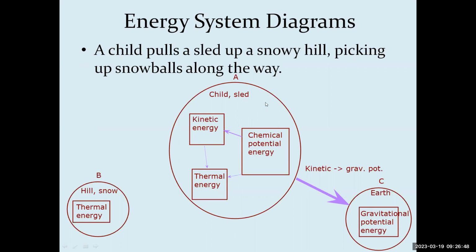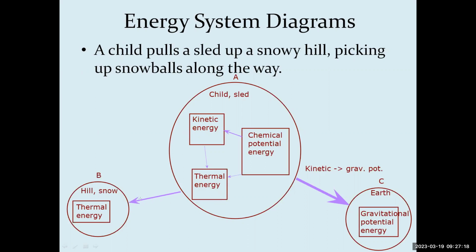There we go. The last thing that I want to think about here is it says the child is picking up snowballs along the way. So there's going to be a potential transfer of energy here. As the child picks up the snowballs, some of the snow might melt. That's going to be a transfer of energy from the system with the child to the system with the snowball.